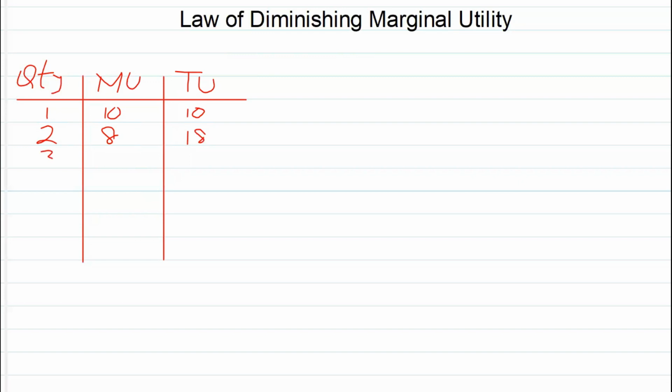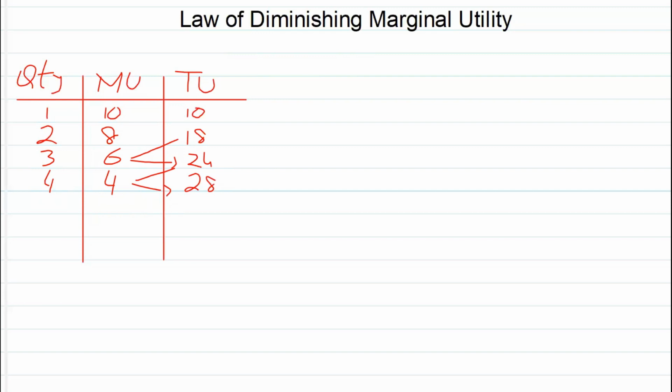On the third unit, his marginal utility will further fall, so it will be 6, let's say, and his total utility will be 18 plus 6, which gives us 24 units of satisfaction. If the consumer consumes another unit of that similar product, then his marginal utility will further fall, and his total utility will be 24 plus 4, which gives us 28 units of satisfaction.